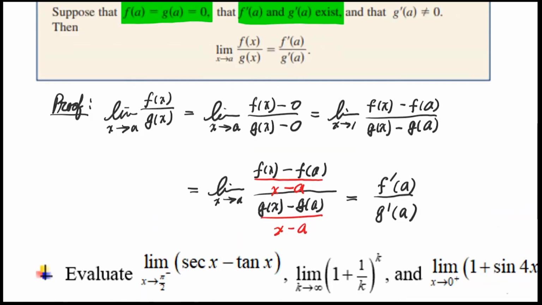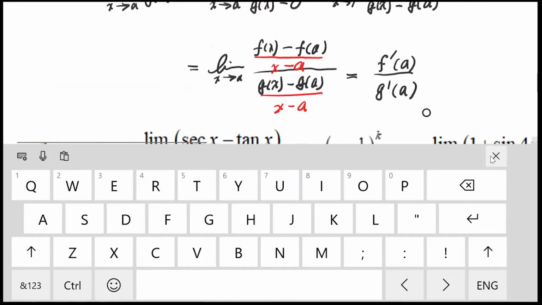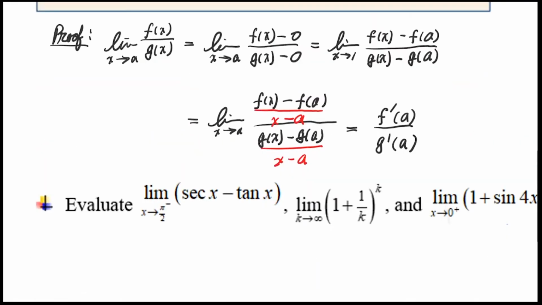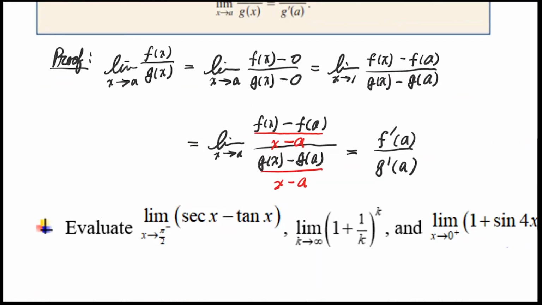This is exactly what we wanted to do. Amazing, isn't it? But be careful, the step from here to here is the key step, and this is only possible because f(a) and g(a) are both equal to 0. You get it? Okay, Sarah.